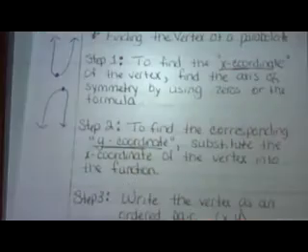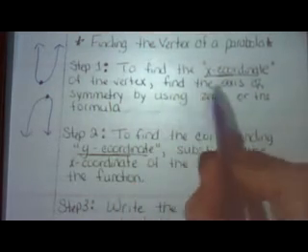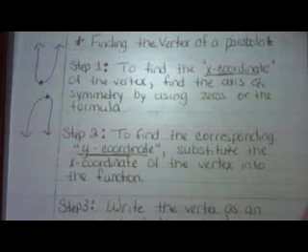And now we're talking about finding the vertex of a parabola. Remember, your vertex is your highest or lowest point on a parabola. Okay, those points would be the vertex. So the steps to finding the vertex is you have to find the x-coordinate of the vertex by finding the axis of symmetry.